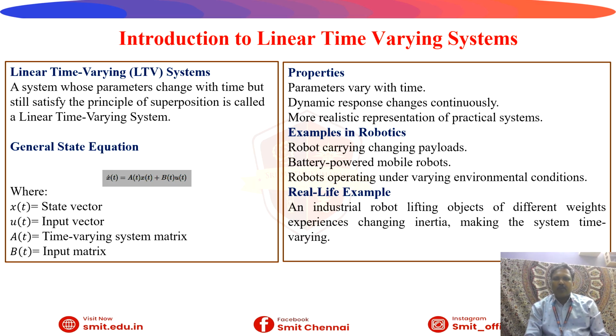Examples are a robot carrying changing payload, battery powered mobile robots, and robots operating under varying environmental conditions. A real time example is an industrial robot lifting objects of different weights, experiencing changing inertia, making the system time varying.